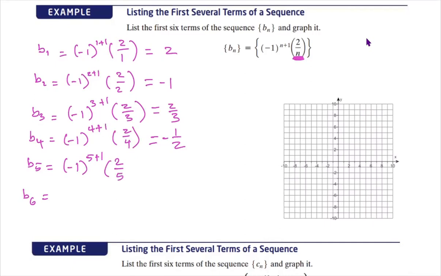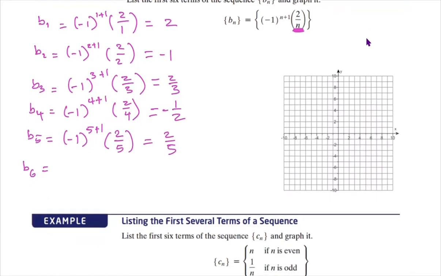So that equals 2/5. And last, -1 exponent 6 plus 1, 2 over 6 equals -1/3.